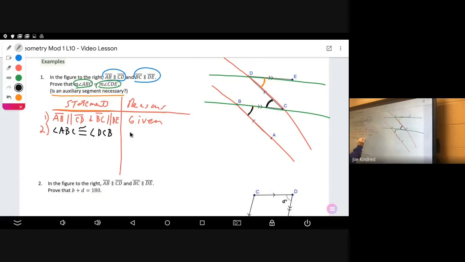And the reason? Alternate interior angles.